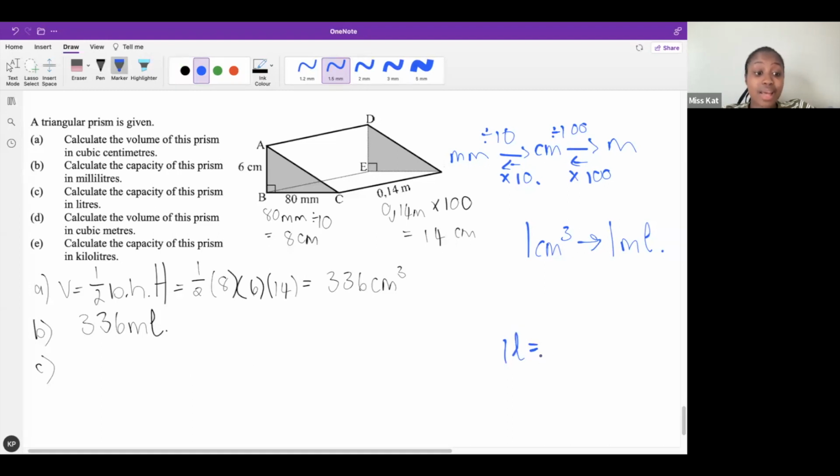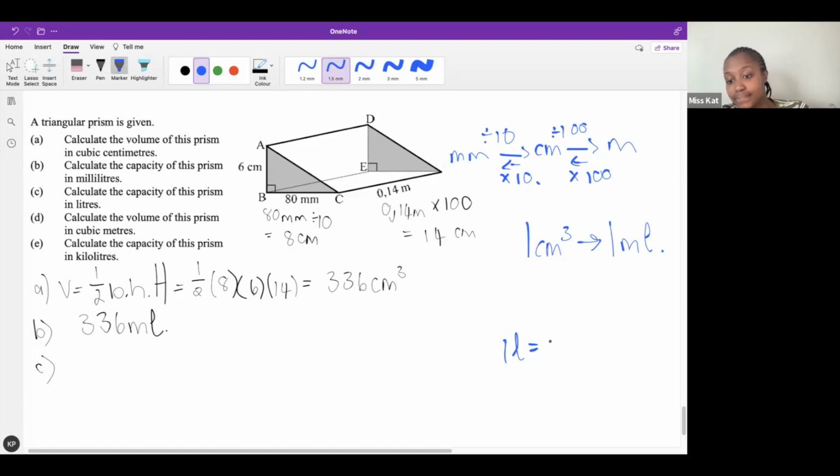So 1 liter is 100 milliliters. Is that what you say? I'm just checking. Let's ask in the chat. Guys, milli is how many? Is it 100? Only centi is 100, remember?